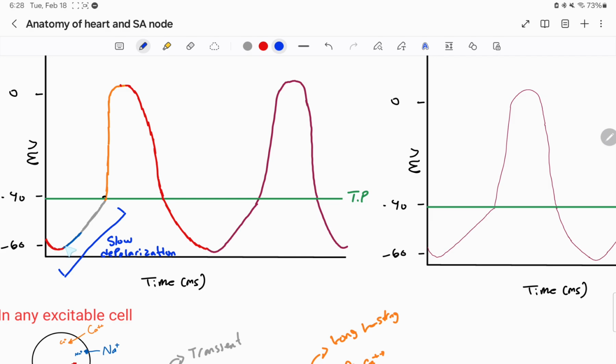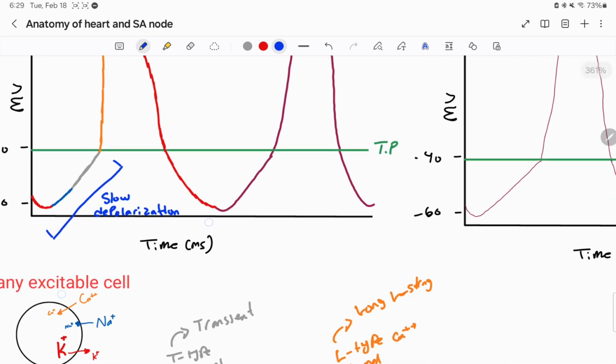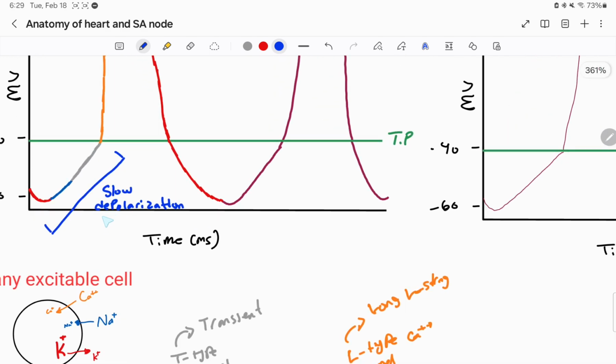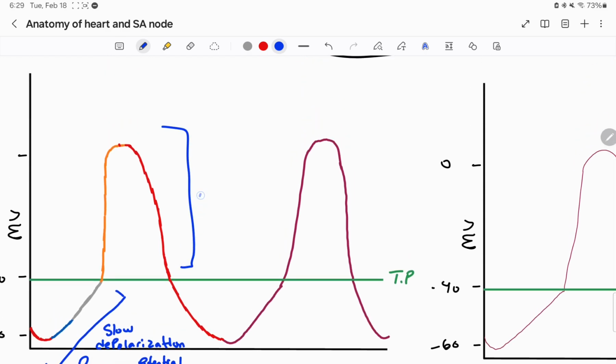You can see that it's taking its time to depolarize, right? And it's using multiple different ions like sodium and the T-type calcium. And this also has another name. So on top of being called slow depolarization, it's also the pacemaker potential. So this right here is the pacemaker potential, and this portion is just the action potential.